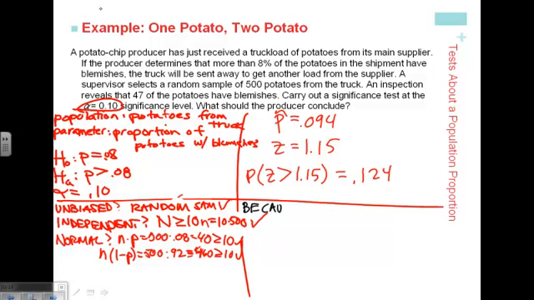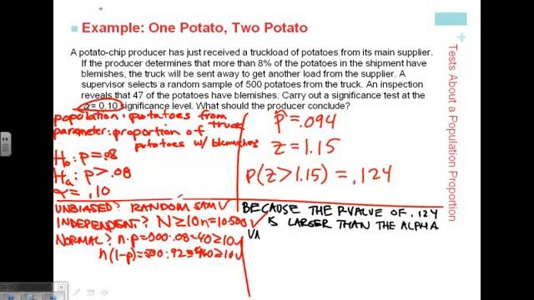Because the p-value of 0.124 is larger than the alpha value of 0.1, we fail to reject H0.